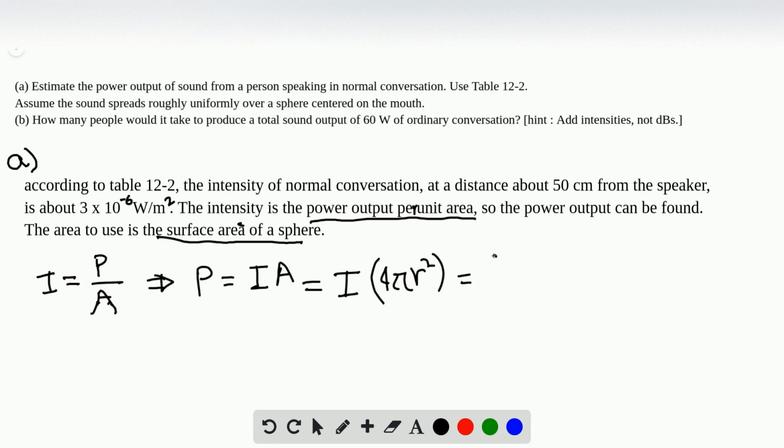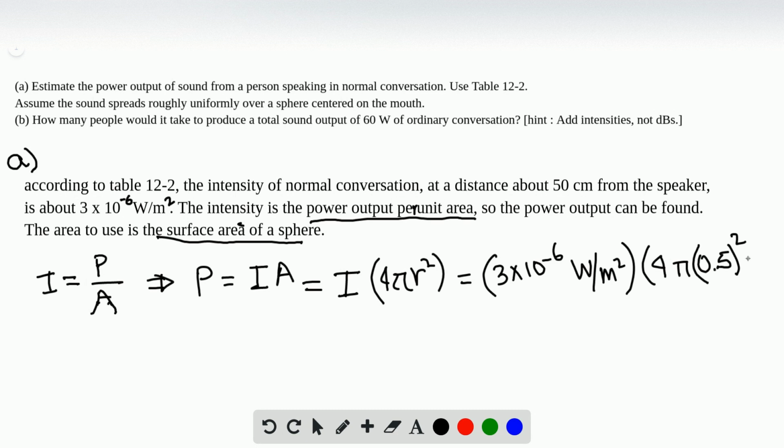Now, if we plug in all the numbers, we'll have 3 times 10 to the power minus 6 watt per meter squared times 4 pi, and r is 50 centimeters, so we can convert that to meters, and that's going to be 0.5 meter, so 0.5 is going to be squared, and then we'll have meter squared, right?